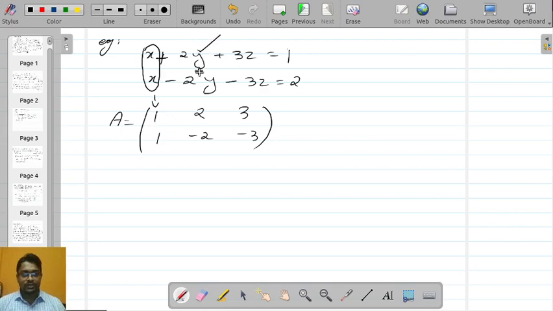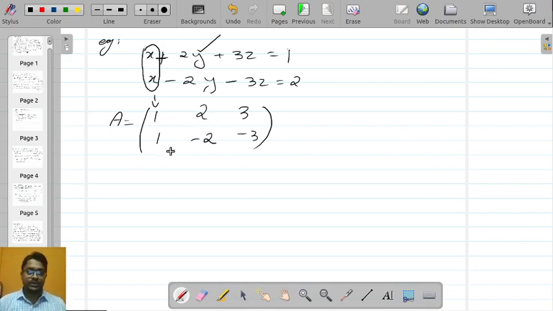The vector associated with y is 2 minus 2, and with z is 3 minus 3. That is the meaning of vector associated with the variables: you collect all the coefficients of that particular variable, and the column vector you get is the vector associated with that variable.